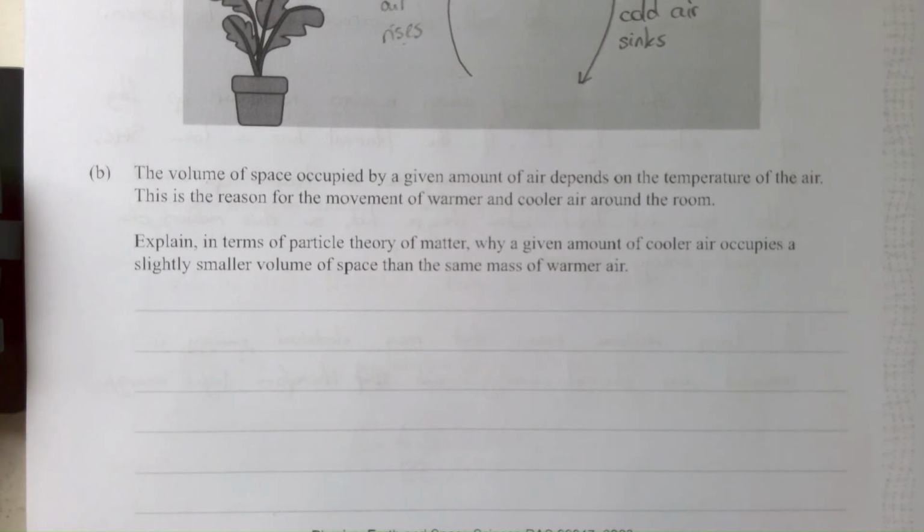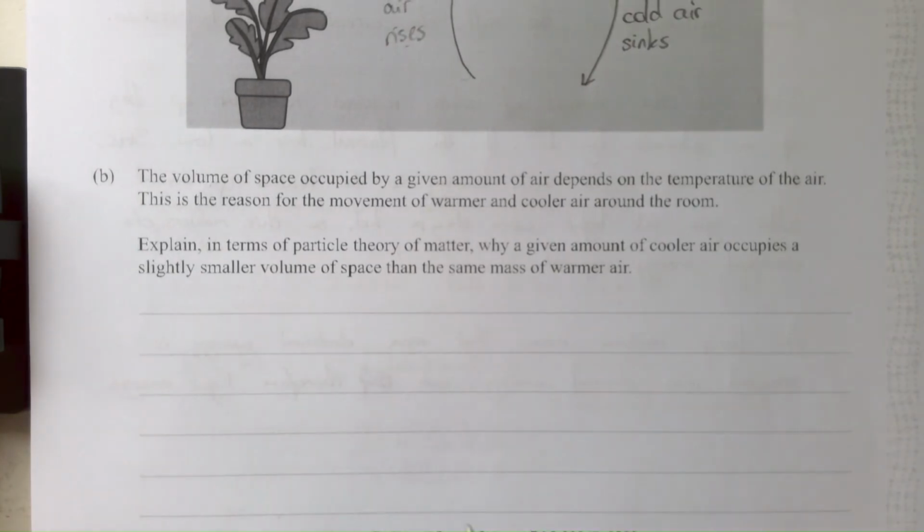So this is going way back to the solid, liquid and gas diagrams and what we said the different movement of the particles is like. Now, we're talking about gases only here because it's the air of a room. We're not talking about it condensing into a liquid. But we are talking about the temperatures.